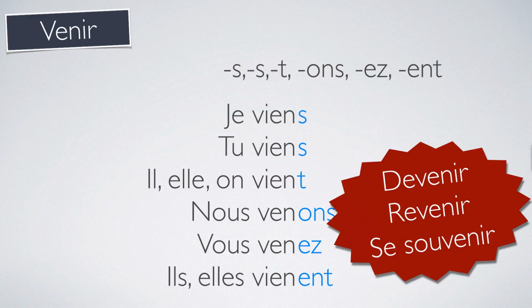And if we take devenir and conjugate it in the present tense, we will have je deviens, tu deviens, il devient, elle devient, on devient, nous devenons, vous devenez, ils deviennent, elles deviennent. And of course, you can do the same with revenir and souvenir.